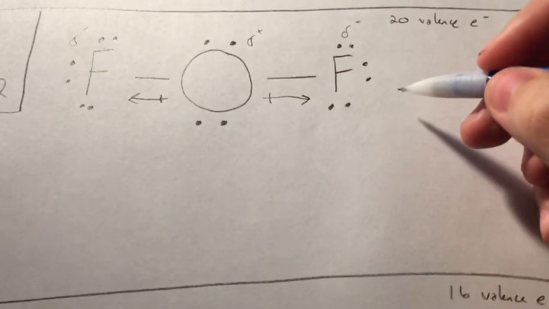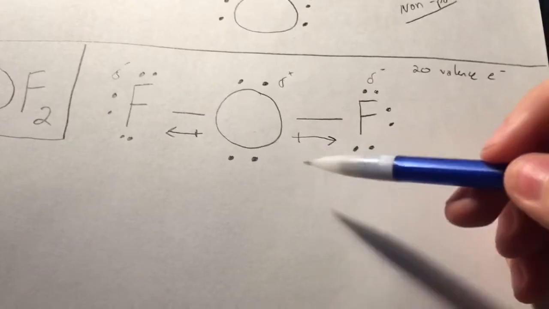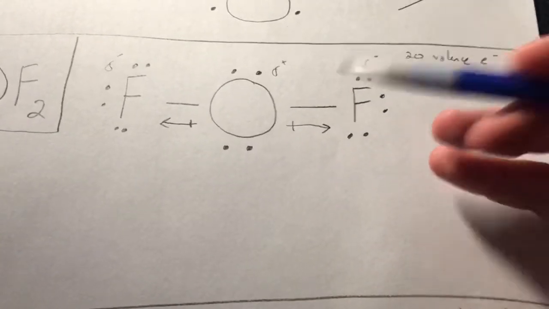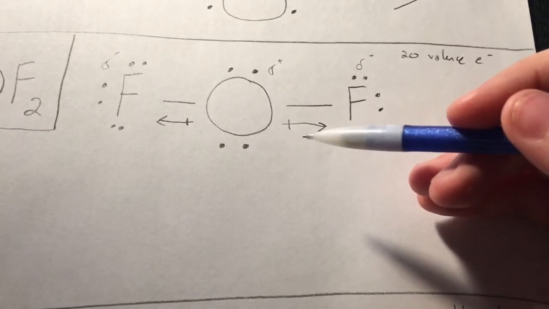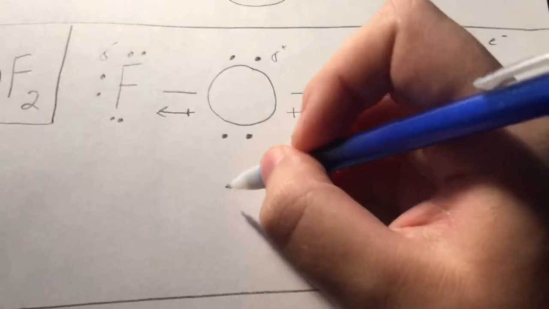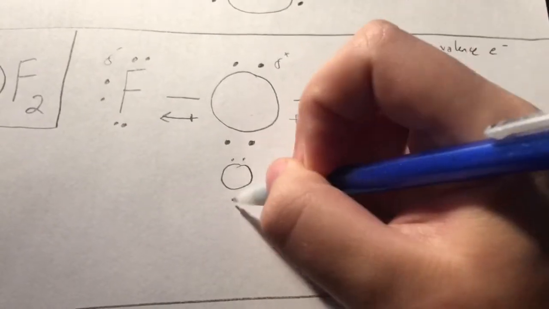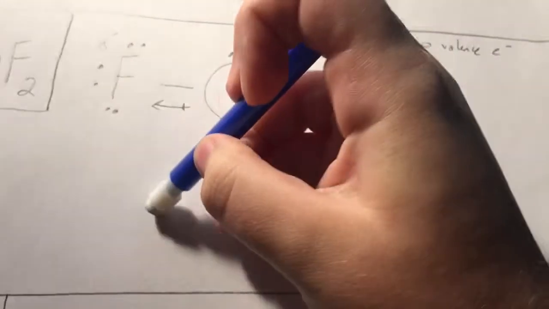Now, this molecule OF2 has a bent molecular geometry. Let me draw it out for you just to show you how it looks.